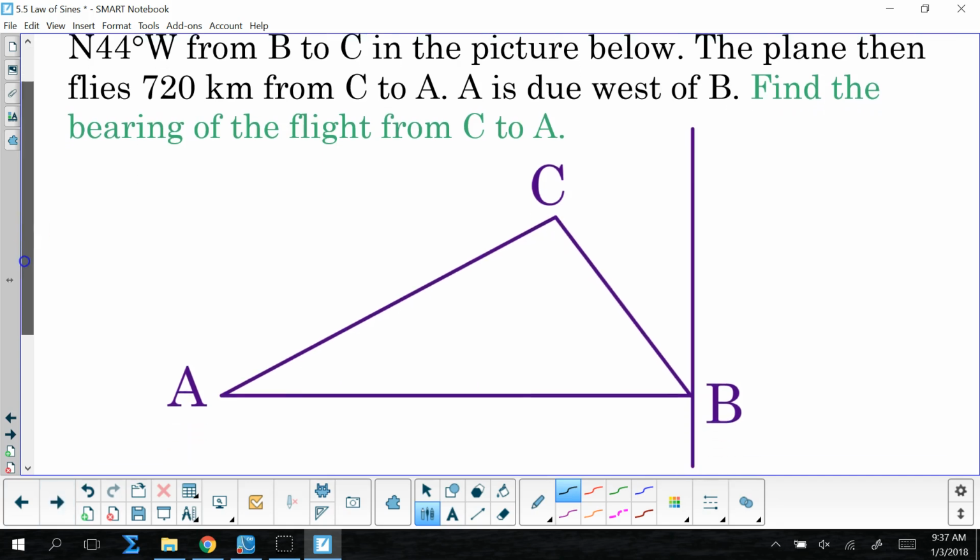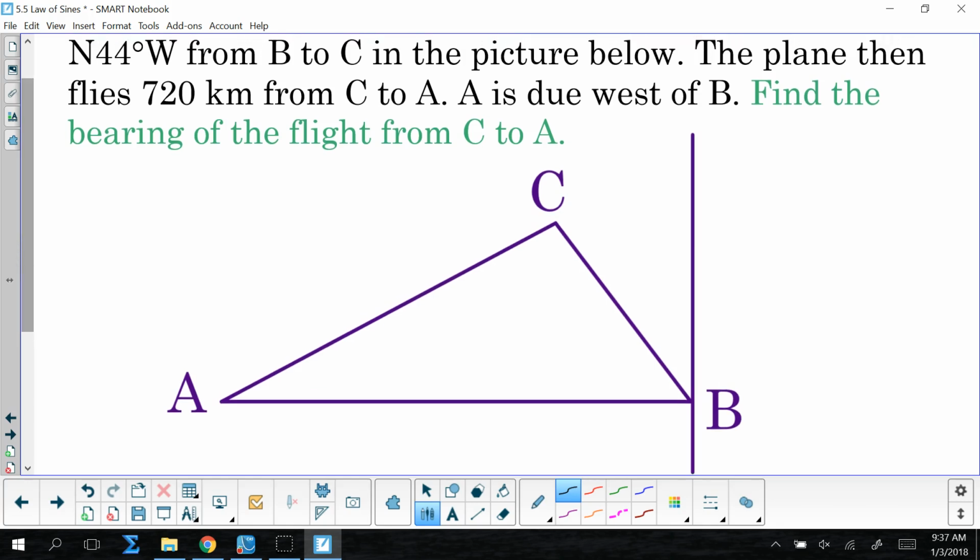Well, if I am flying 500 kilometers at a bearing of north 44 degrees west, that's going to be my 44 degree angle in there. Now, if I know that A and B are due west and east of each other, then I also know that this angle in here is 46 degrees.